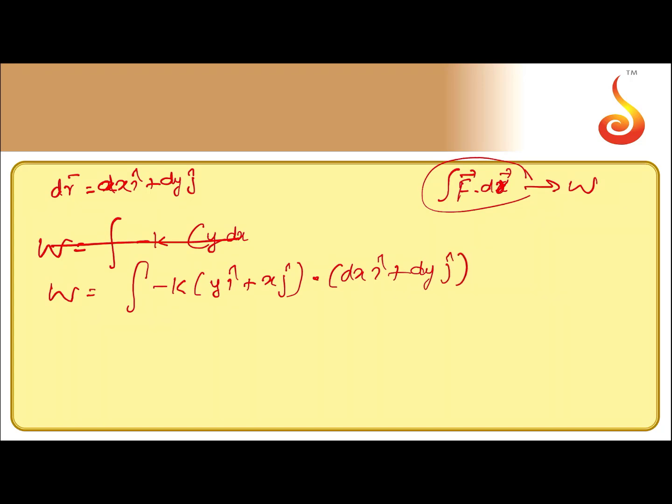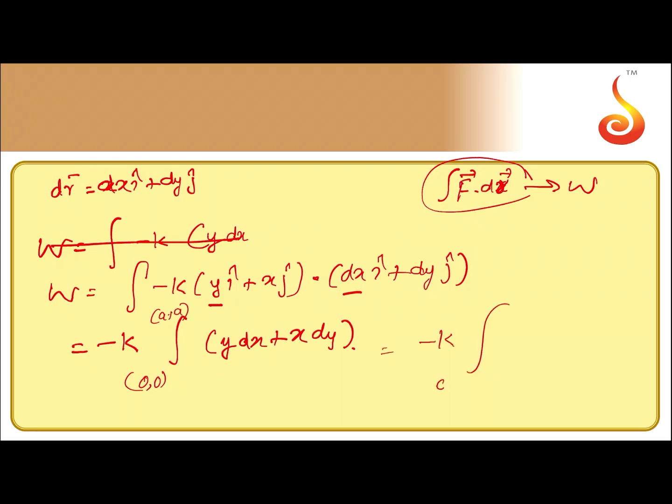I am writing everything in detail. That turns out to be minus k comes outside, and I am left with the integral of y dx plus x dy, and the limits are from (0, 0) to (a, a).